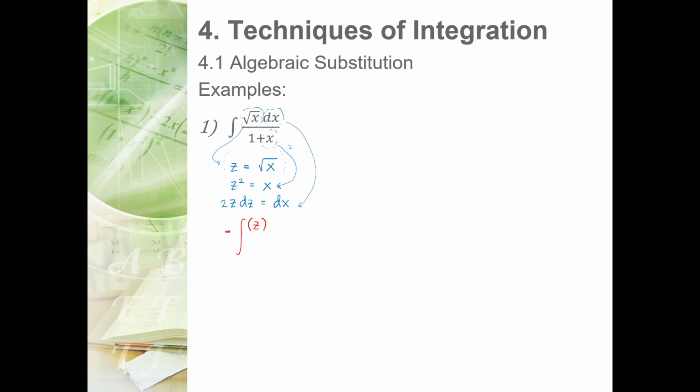Dx is now 2z dz, then divided by 1 plus z squared. So this becomes 2 integral of z squared dz all over 1 plus z squared.